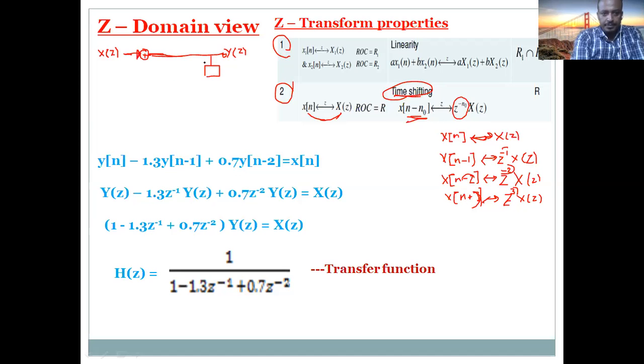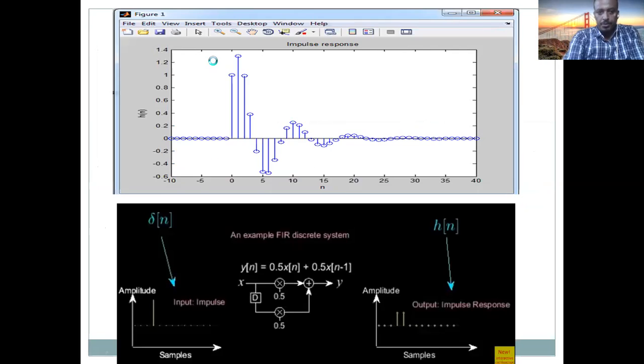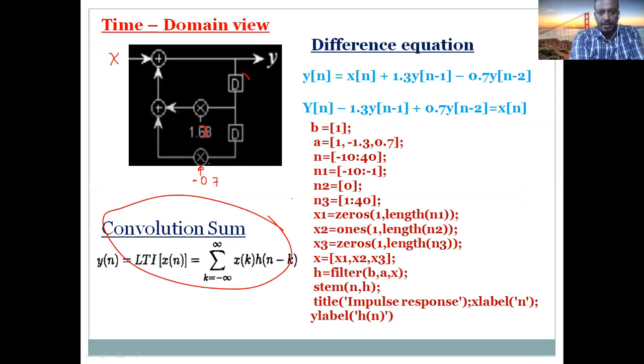So here, in time domain, we represented this by a delay. If you apply y of n as input, the output will be y of n minus 1. But in that domain, it is different. Now I'm giving you another view of a discrete time system, the Z domain view.